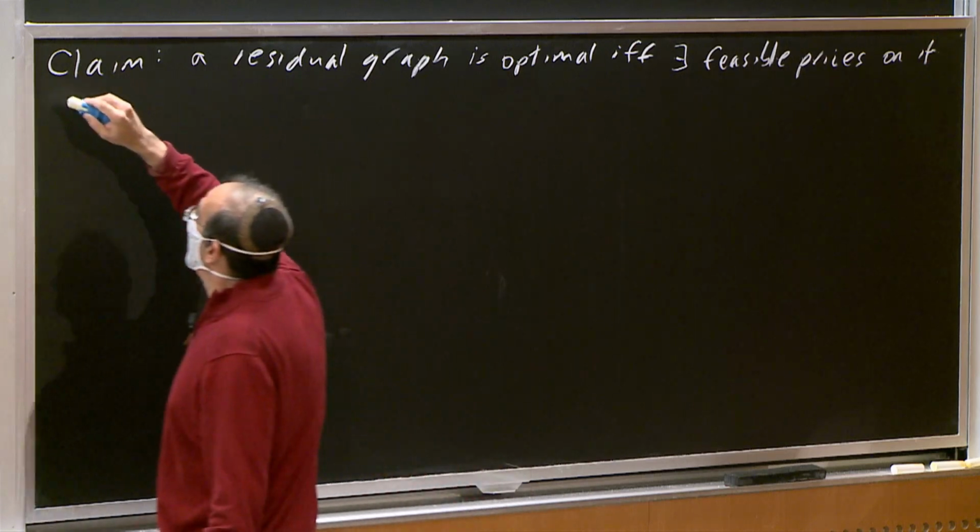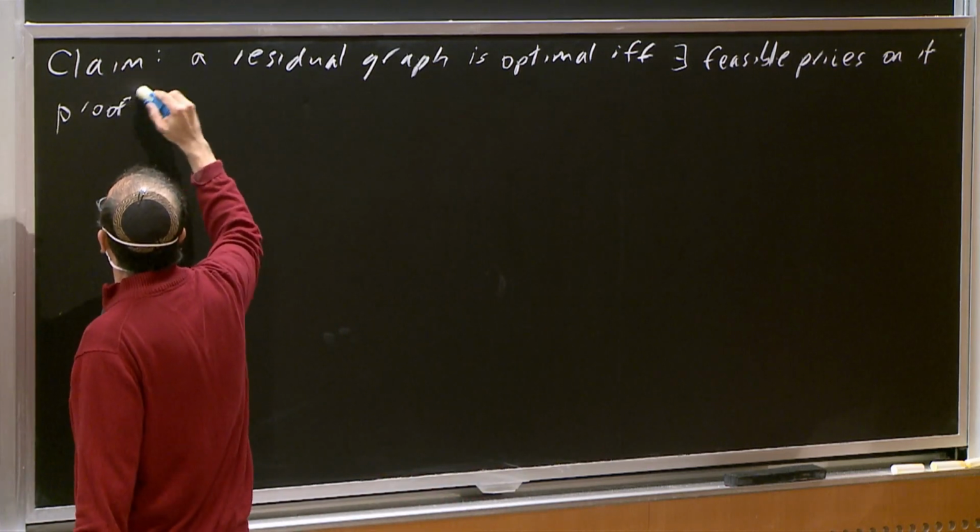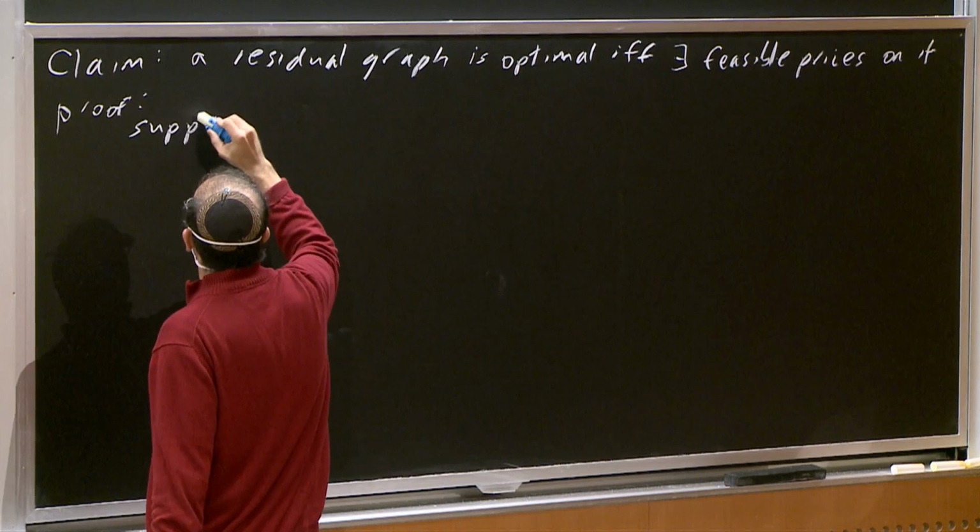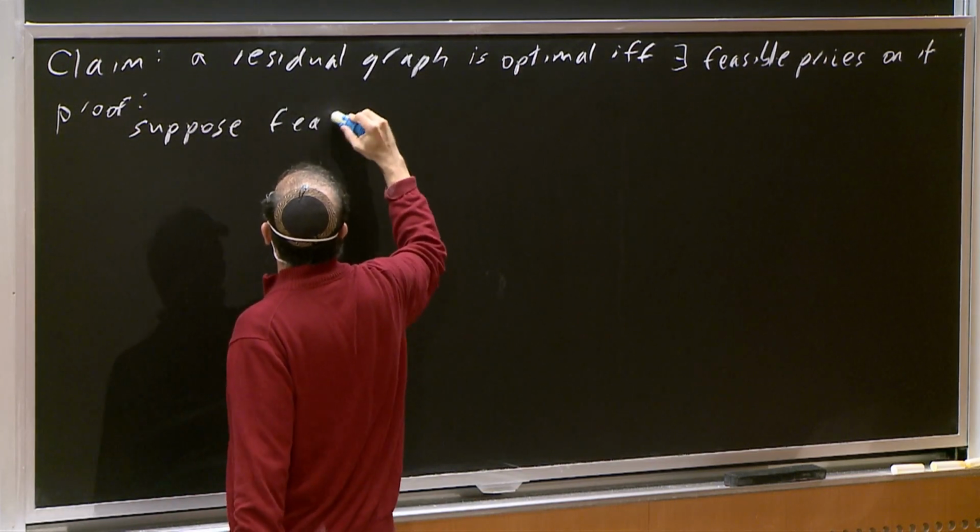The proof is very straightforward, given what we've already said. So suppose you have feasible prices P_v.